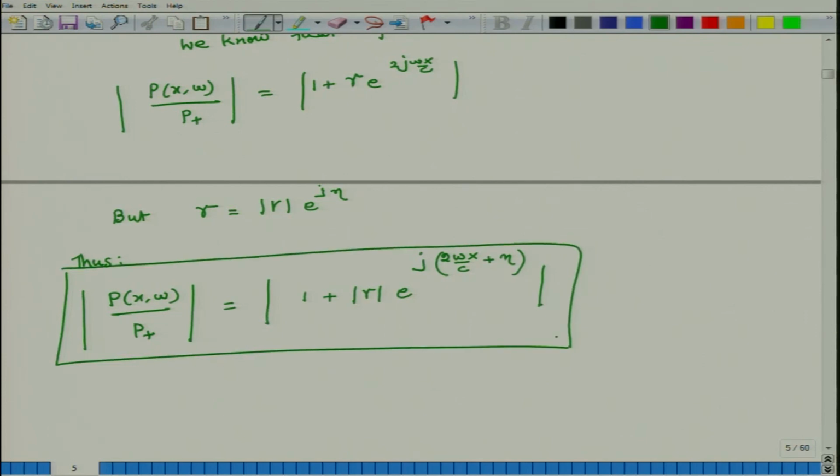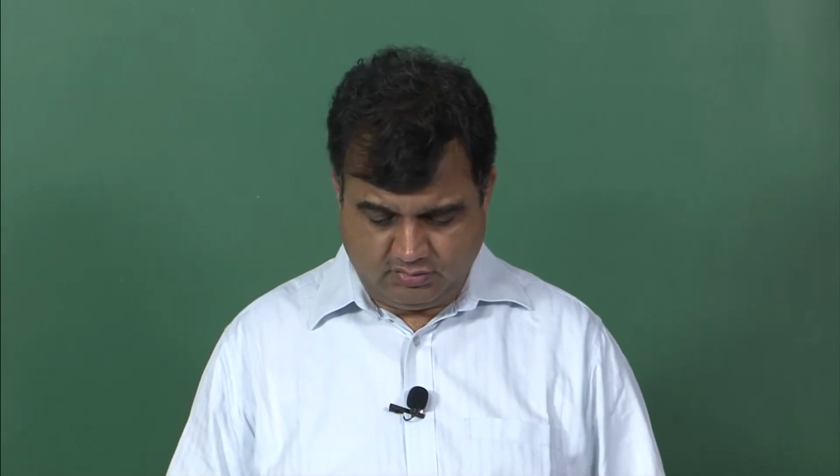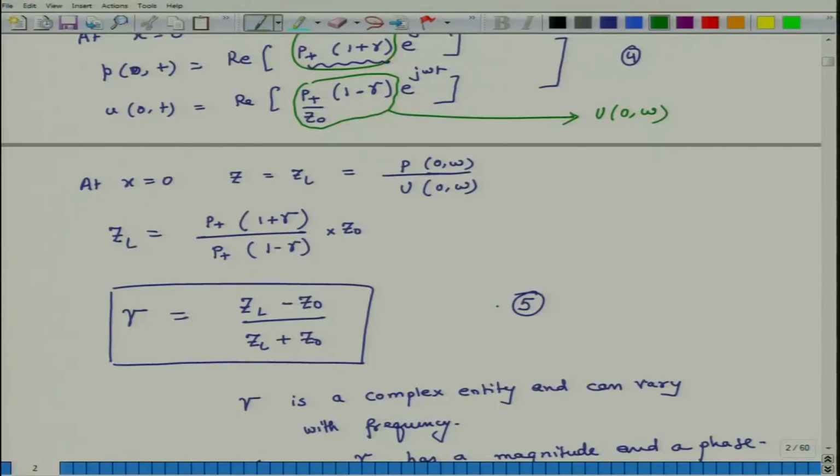This is the relation. So, what we have done so far in today's lecture is we have developed an expression for ZL in terms of gamma, and now we are trying to figure out a way to calculate gamma. We can use equation 5 to compute ZL if I know gamma.